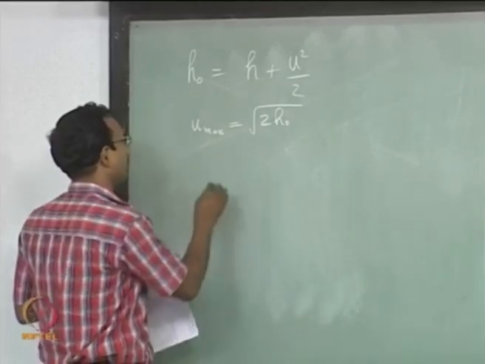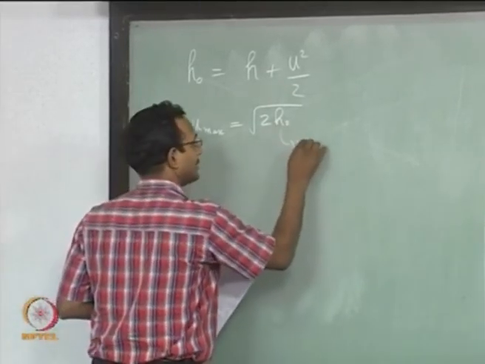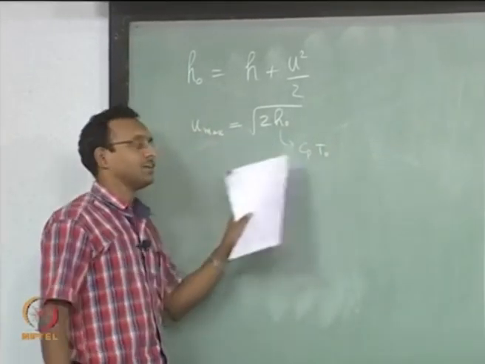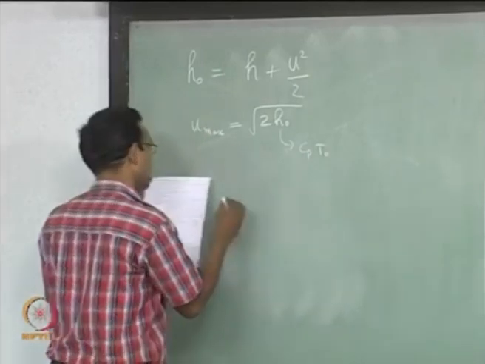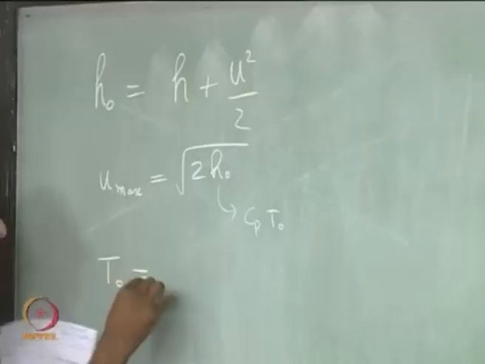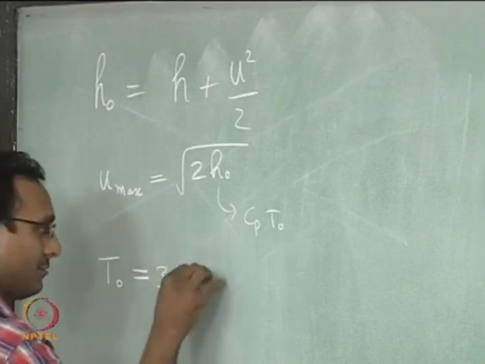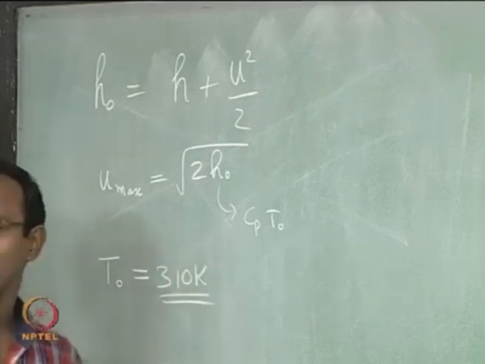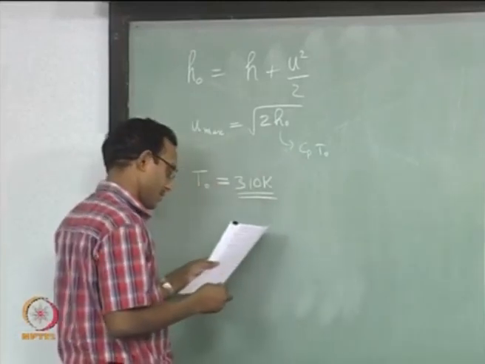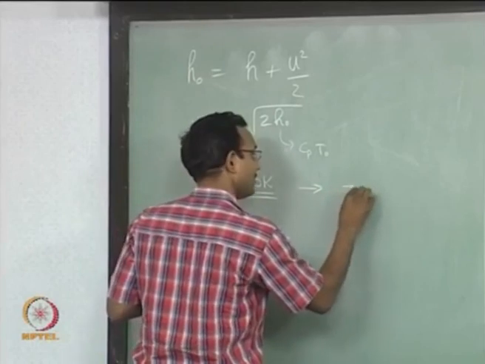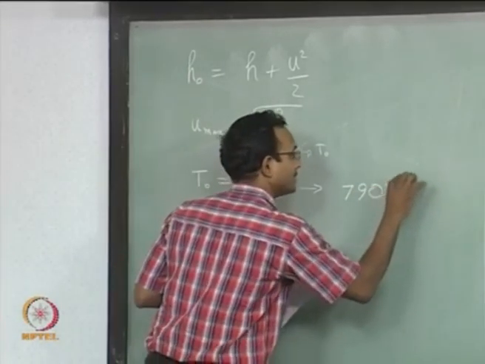So, let us say I replace H naught with Cp T naught, then I will give you numbers. If I assume T naught for my gas to be 310 Kelvin, our kind of room temperatures, then this is going to give me roughly 790 meter per second.